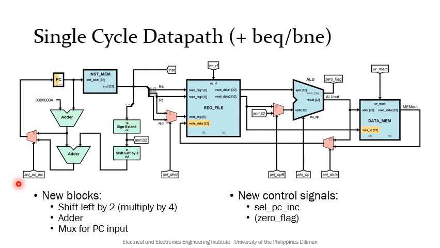We have also highlighted this portion, the 0 flag, which will be used as an indicator if the branch should be taken or not. However, instead of being an output of the control unit, the 0 flag is actually an input to the control unit.